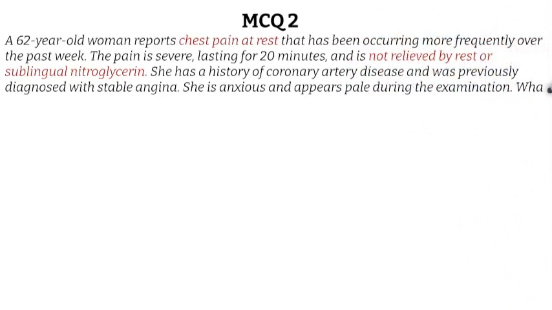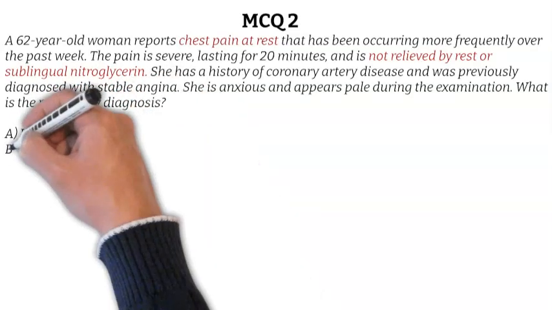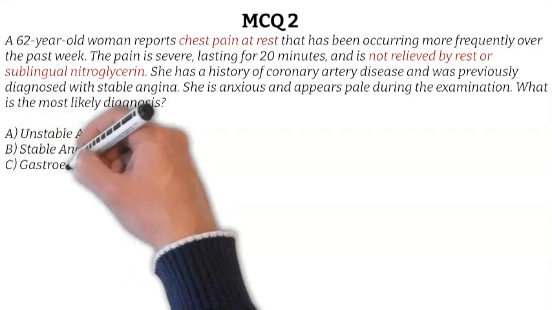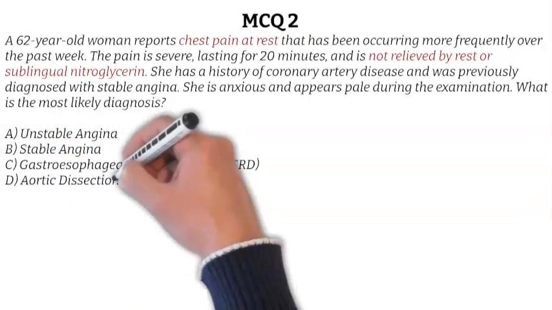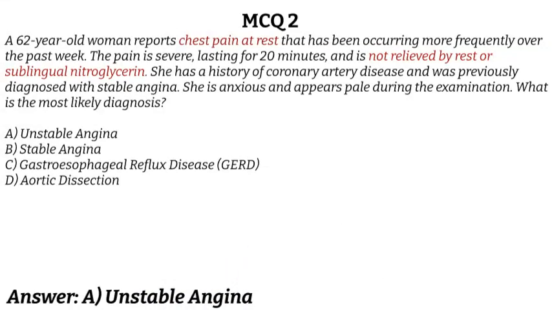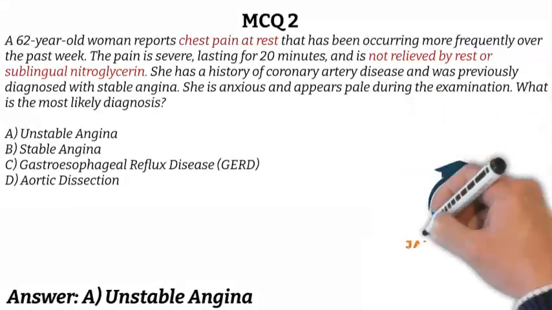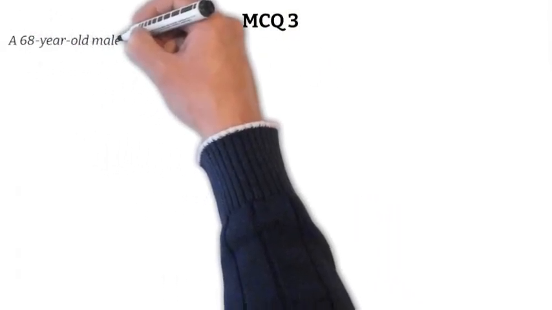She is anxious and appears pale during examination. What is the most likely diagnosis? Again, I think we have the same scenario probably. Unstable angina is the correct answer. Yeah, probably that was a repeated scenario.